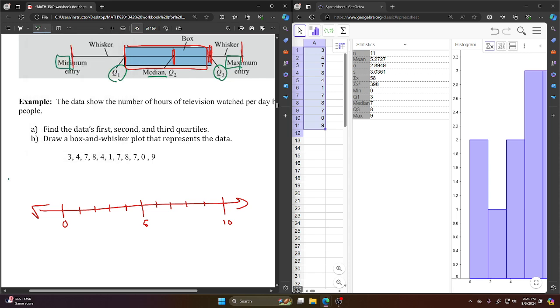Let's do a green again. Okay, so my minimum is at 0. Q1 is at 3. 1, 2, 3. Median, what's the median? 7. Wow, that's a big jump. Q3 is at 8. And then my maximum is 9.